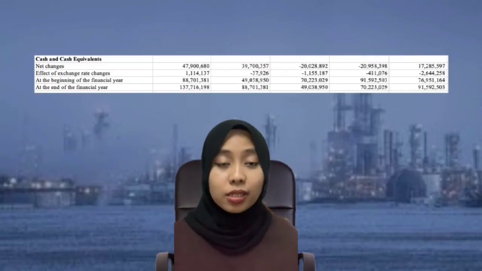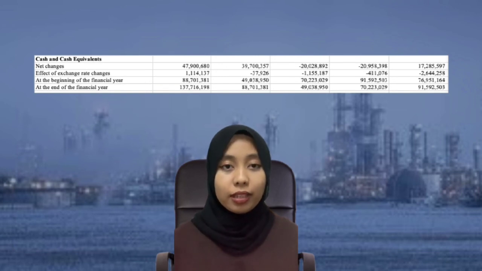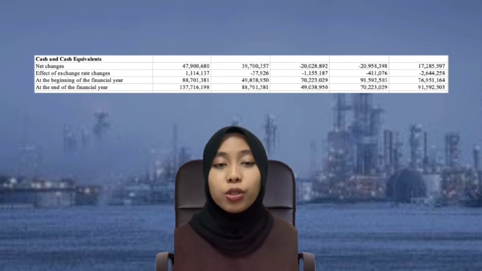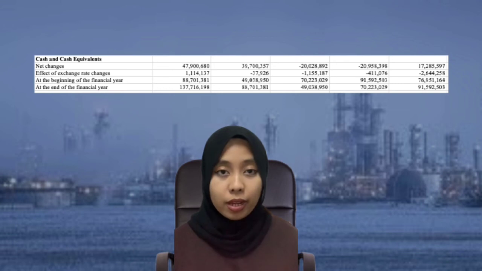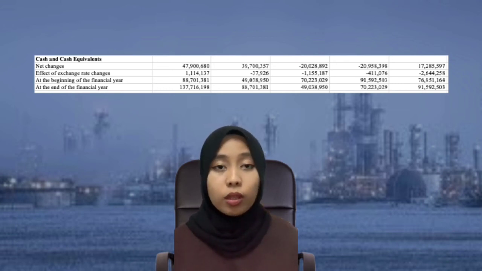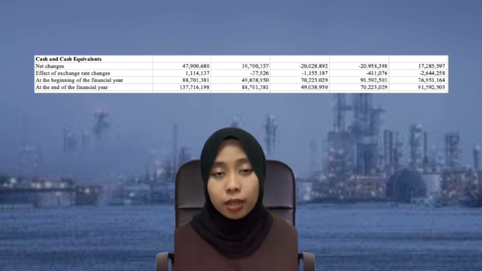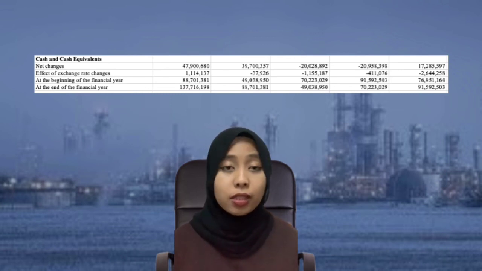The net changes in cash and cash equivalents for the years 2018 and 2019 are in negative value due to the company's ineffective planning. However, they managed to increase it again in 2020 and 2021. Thus, this indicates that the company has been in a good position and managed well in its operating, investing, and financing activities.